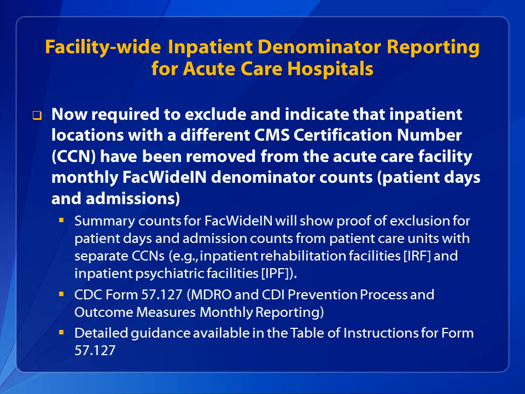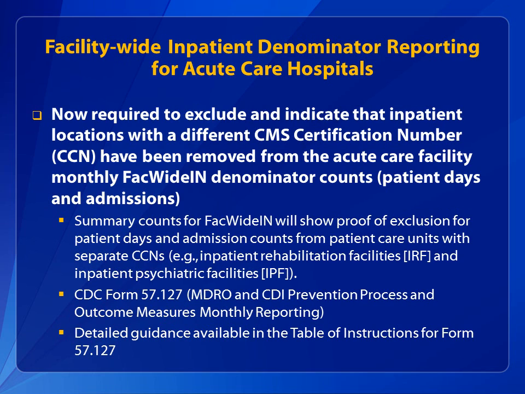This documentation will occur in the MDRO and CDI prevention process and outcome measures monthly reporting for FAC-wide-in. Total patient day and admission counts from all patient care locations within the acute care facility are entered, and then patient days and admission counts from patient care units with separate CCNs must be removed from the MDRO and CDI summary counts and reported for FAC-wide-in.